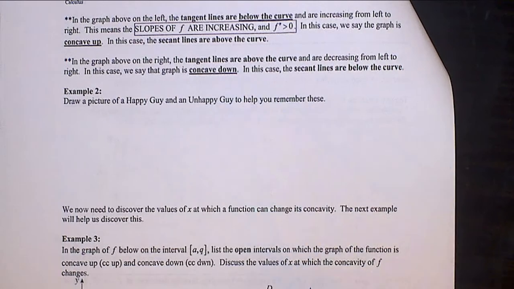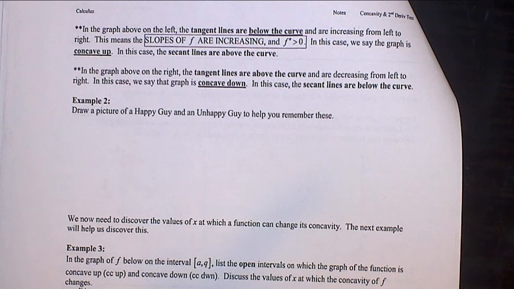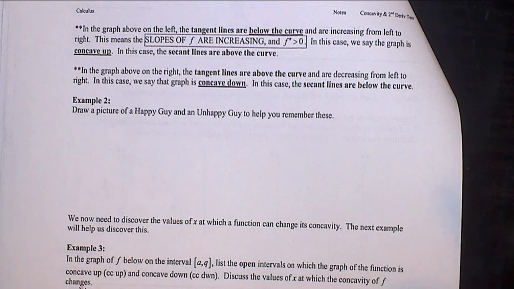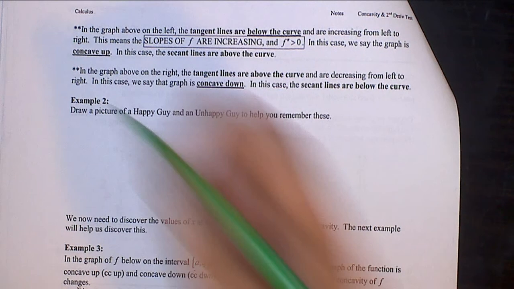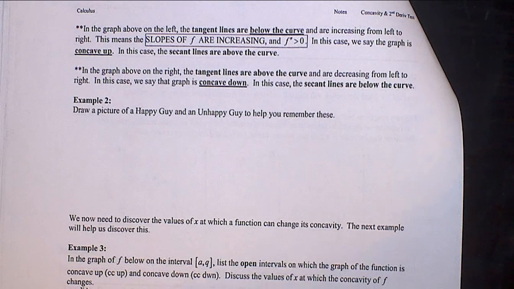So it's a little annoying. This text box is referring to the two graphs that were on the previous page. So we already took notes about those graphs on the previous page. In example 2 right here, we're just going to draw a picture of a happy guy and an unhappy guy to help you remember those two new vocabulary words, concave up and concave down.